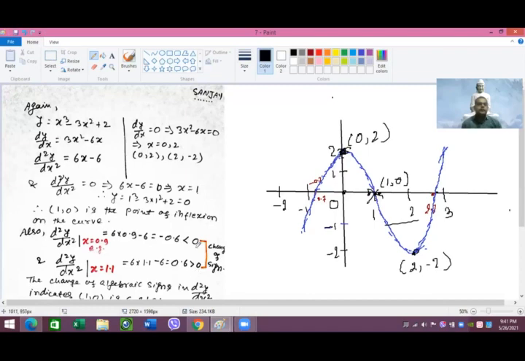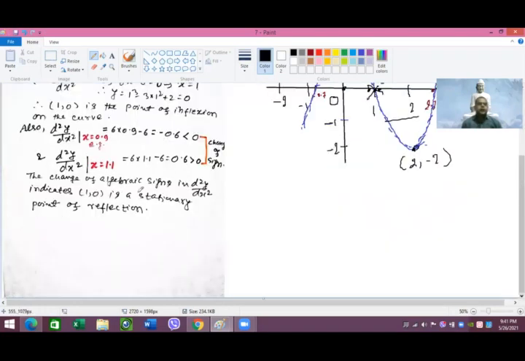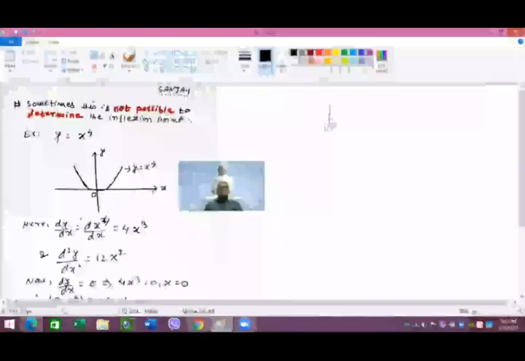That means there is a change of algebraic sign in the neighborhood of x equals 1. Therefore, the change of algebraic sign in the second order derivative, d2y by dx squared, indicates that 1, 0 is a stationary point of inflection.